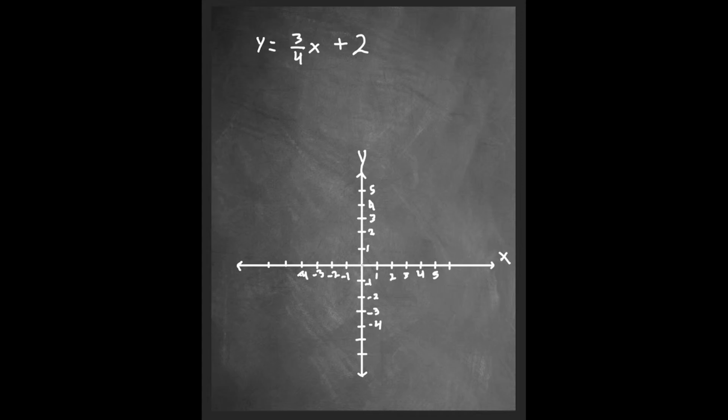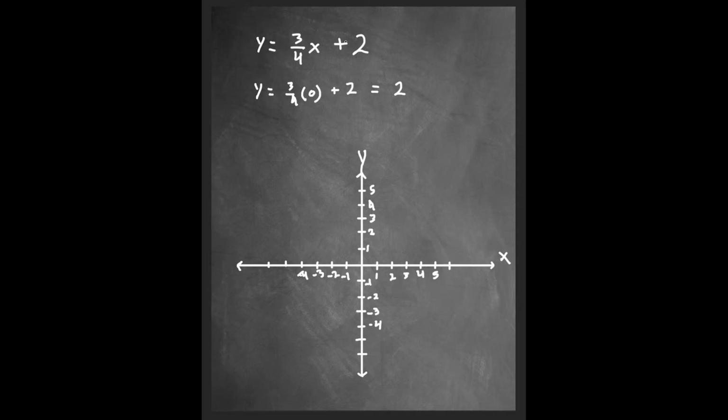So if x is 0, well, let's find out. So if x is 0, we get y equals 3/4 times 0, plus 2 would equal what? Well, 0 plus 2 is 2.